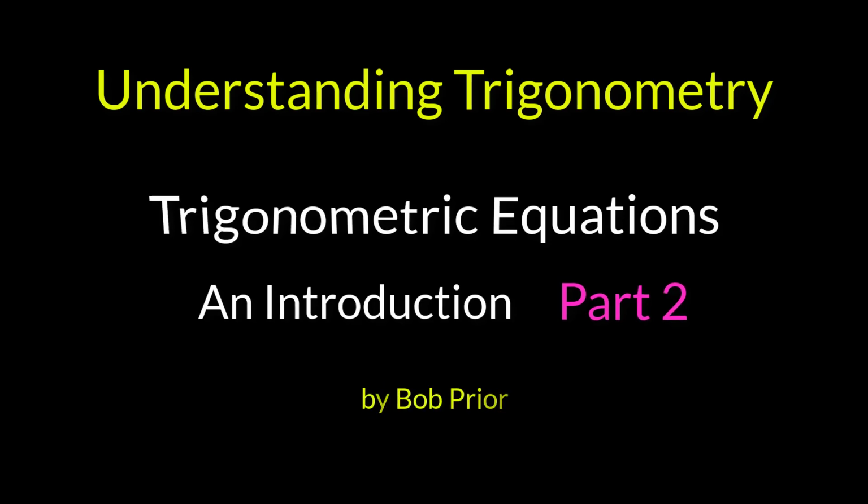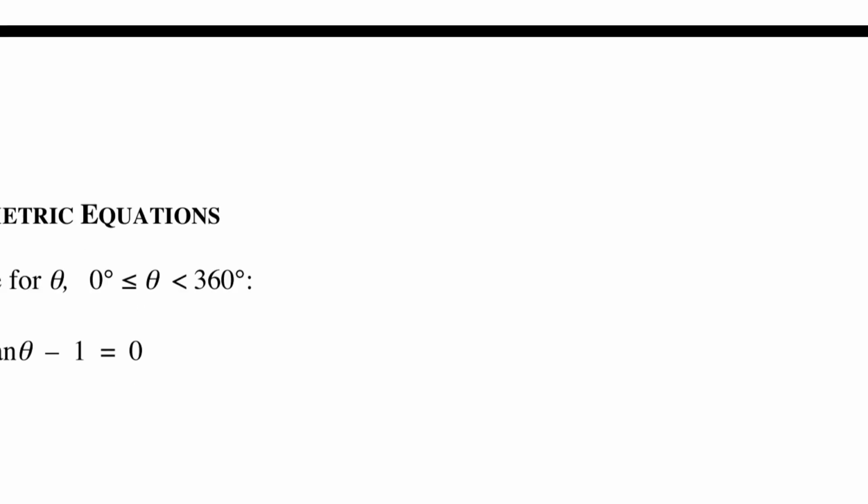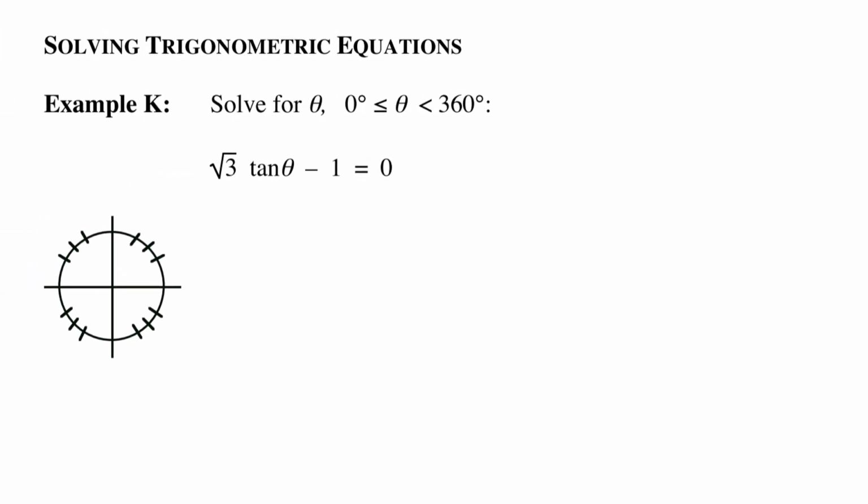All right, so in this next example, we're going to start solving trig equations that are a little bit more involved. In this example, we're going to solve for theta, where theta is between 0 degrees and 360 degrees, kind of like how we solve an equation in algebra. In this case, we'll add 1 to each side first.